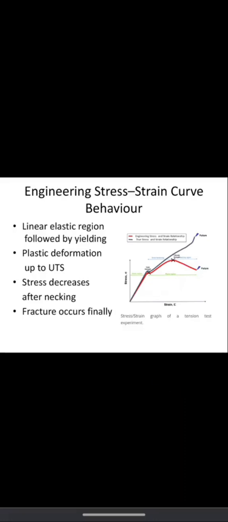In the engineering stress-strain curve, the original cross-sectional area is used. However, in reality, the cross-sectional area keeps changing during the deformation. To account for this change in actual dimensions, the concept of true stress and strain is used. Let's see what true stress and strain are.